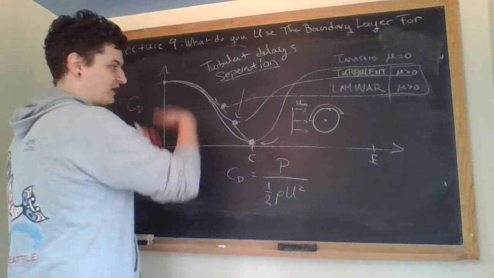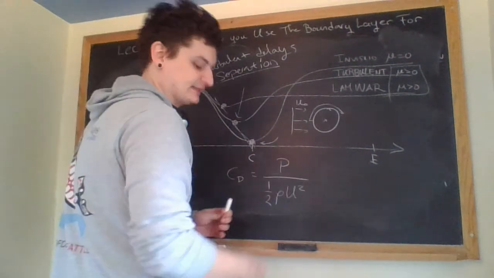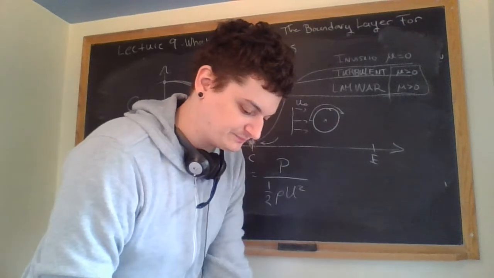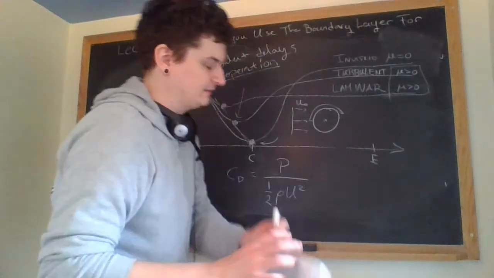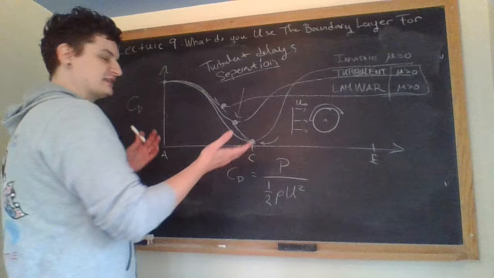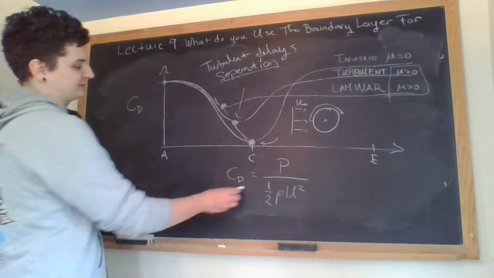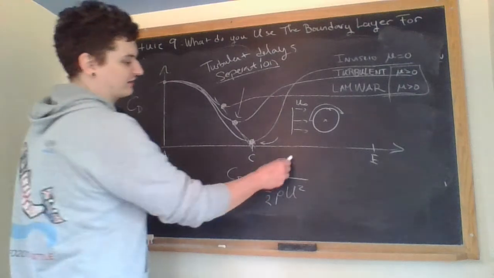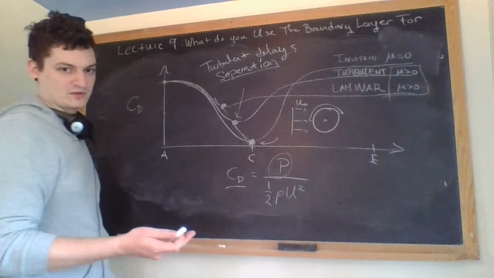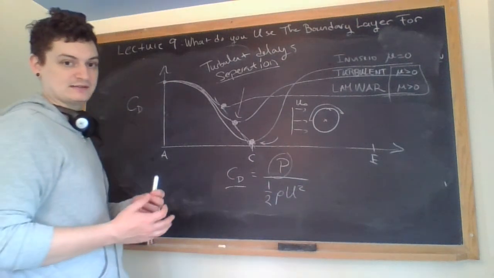Other surfaces will have very different shapes of this, but you'll notice they're all kind of the same, and really the idea is to get graphs for these coefficients of drag so you can plug them in to calculate forces.